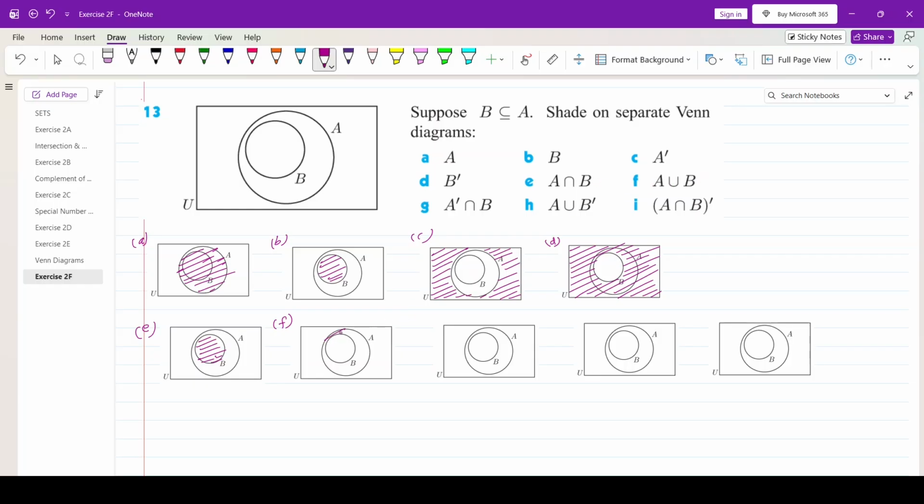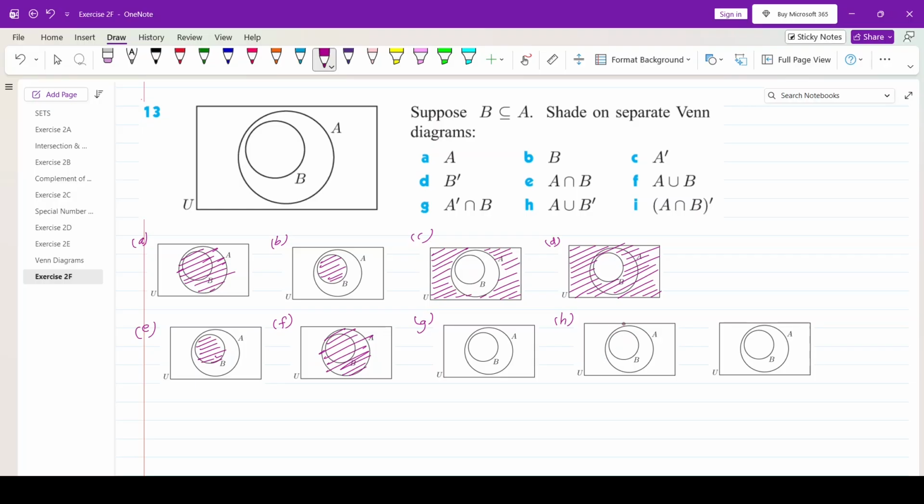Part F says A union B. A union B will be this. Part G says A complement intersection B. So outside A there is no part which comes under B. Therefore nothing will be shaded. Part H says A union B complement.